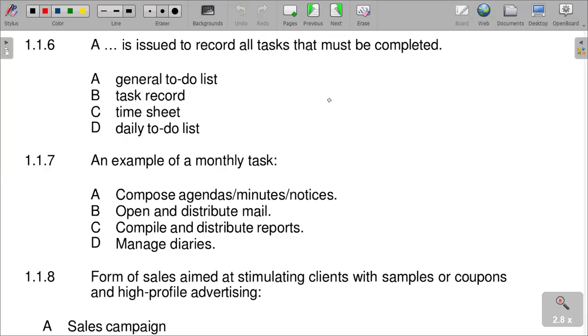You need to understand it's a general to-do list, which identifies all the tasks that must be completed. So A is the right answer.